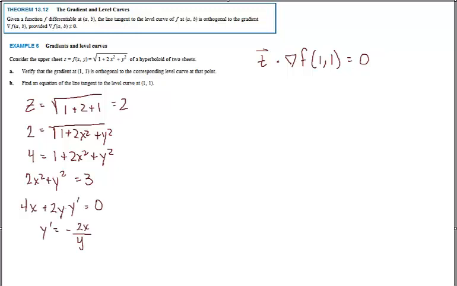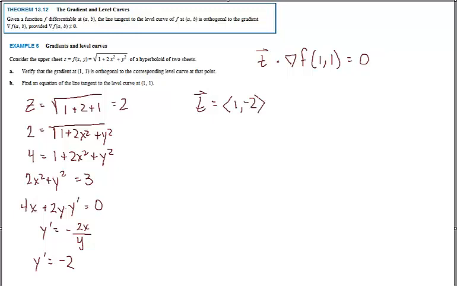And plugging in the values for x and y at this point, I find that the slope is going to be equal to negative 2. So I know that my tangent vector is then going to be this (1, negative 2).